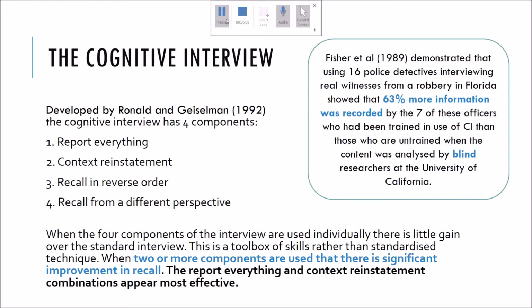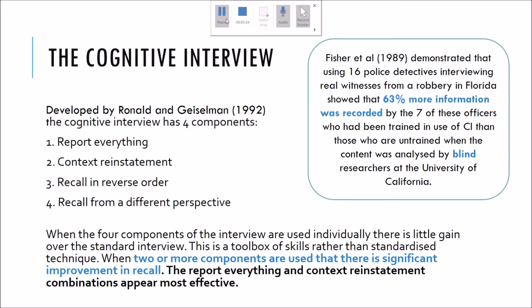Recalling in a reversed order, otherwise known as changing the order. So this encourages witnesses to, for example, start halfway through a sequence of events and work backwards towards or away from the most memorable event of all. And the idea behind that is that you might end up recalling additional details.